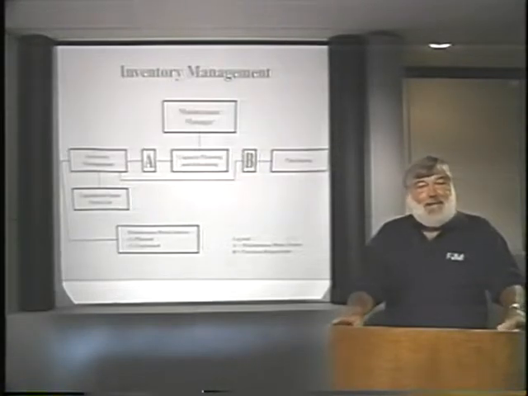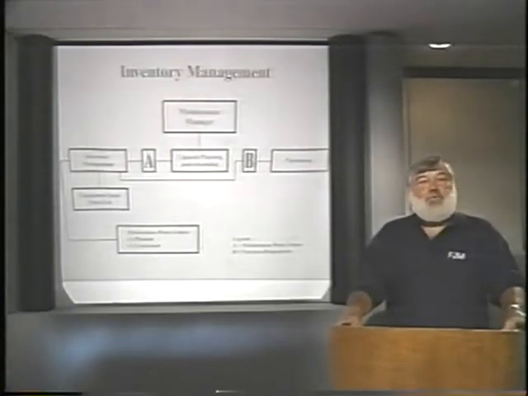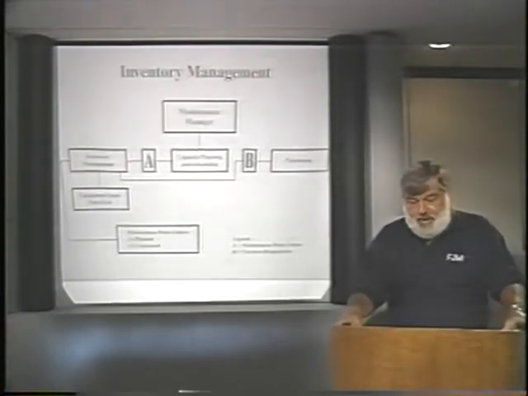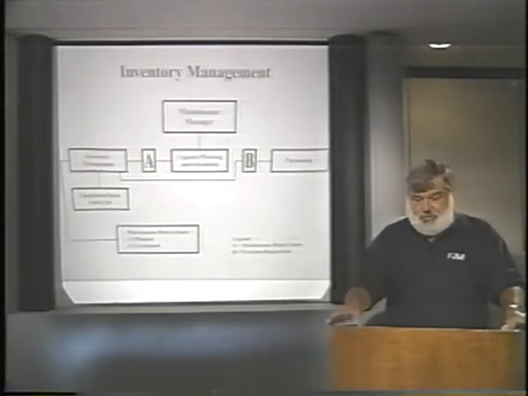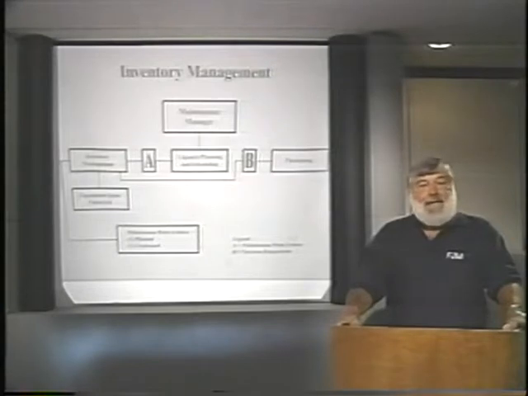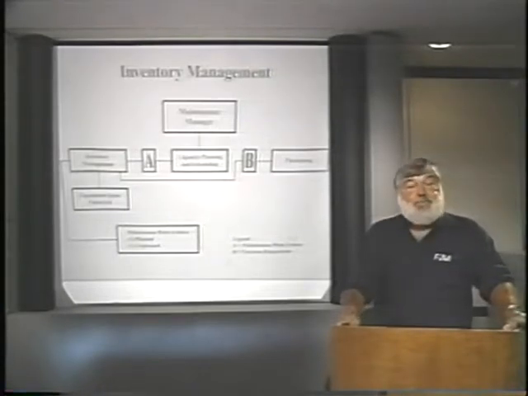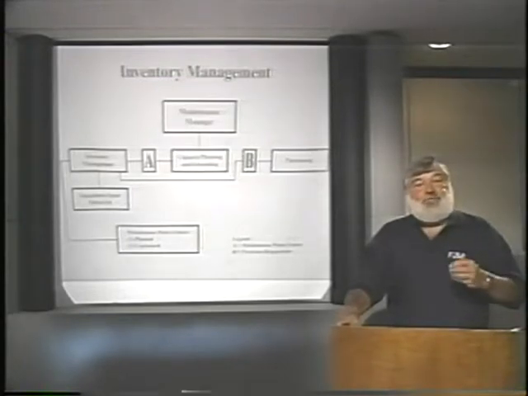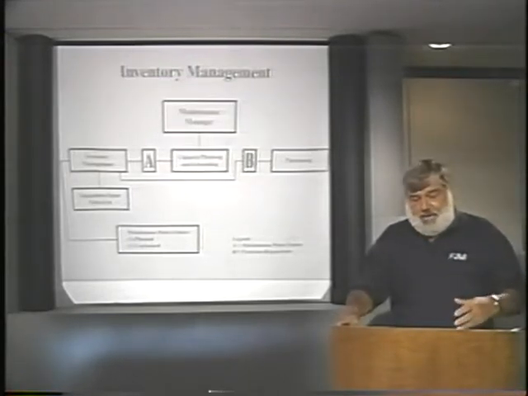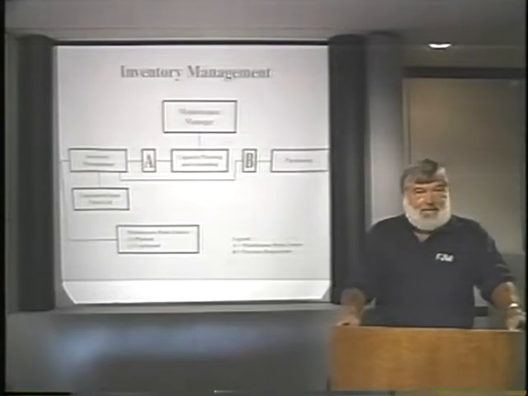So again, let me emphasize, the inventory record for each and every part number must track both planned and unplanned requirements. Now, the byproduct of the inventory system is twofold. Item A indicates that we're going to commingle, if you will, the spare parts requirements with the planning and scheduling activity.